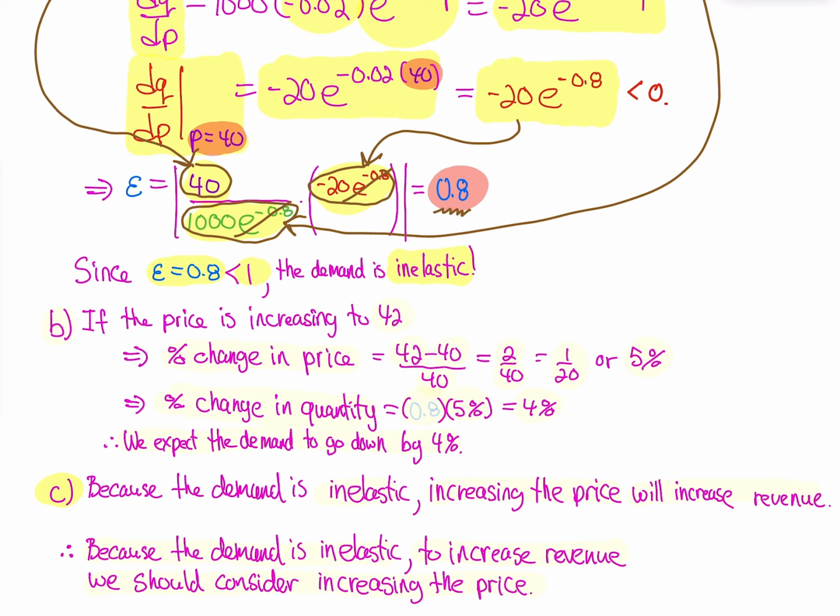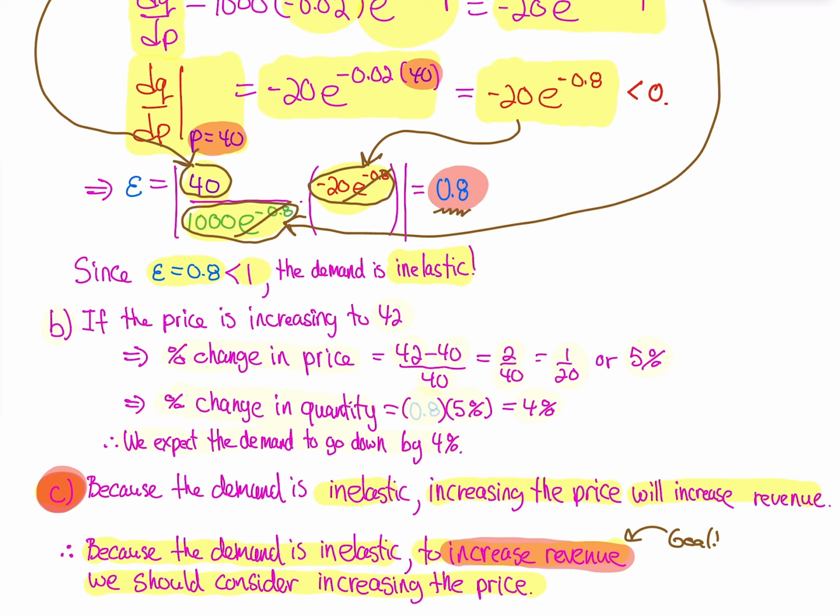Because the demand is inelastic, increasing the price will increase the revenue. Even if the quantity will go down, you're going to make so much more cash per sale that this is the right strategy. So because the demand is inelastic, to increase revenue, which is always the goal, you should consider increasing the price.